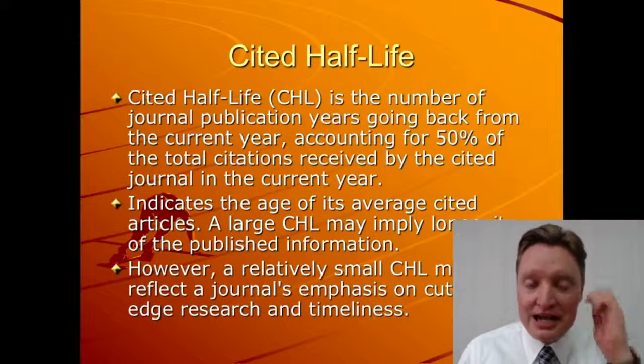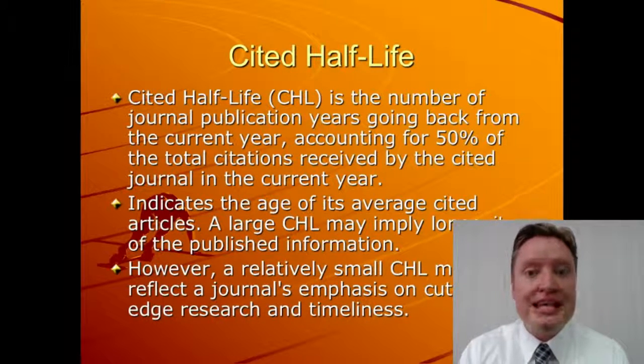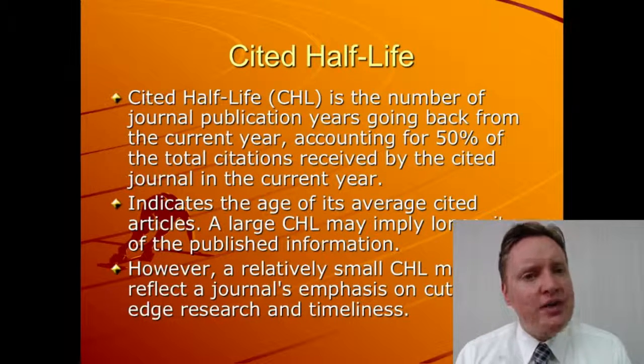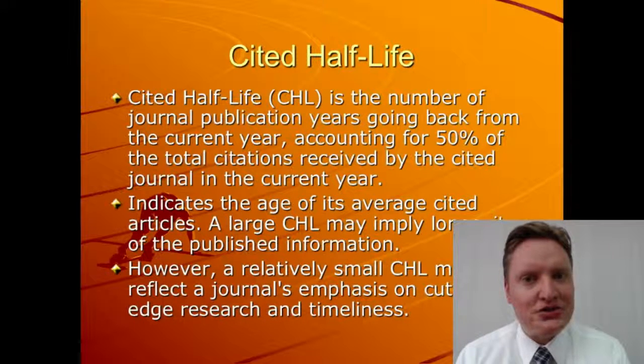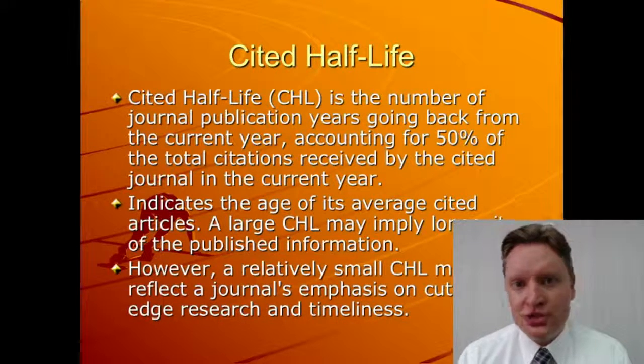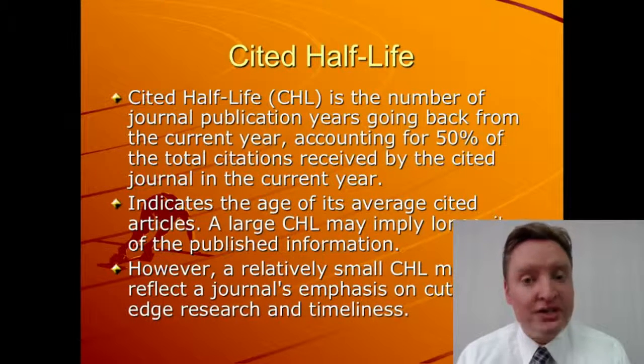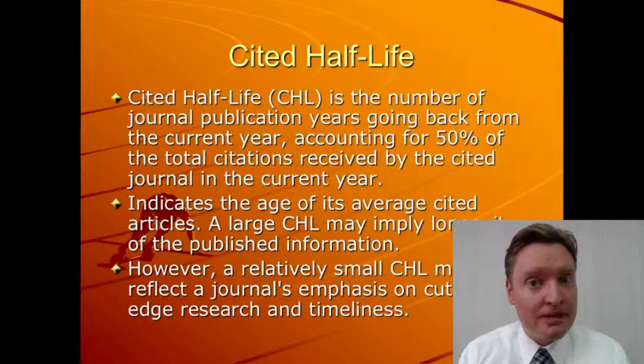The second number we care about is called the CHL, or the cited half-life. The cited half-life means how recently articles are cited from that journal. So, for example, a CHL of 6 months means, on average, articles are cited 6 months after publication.